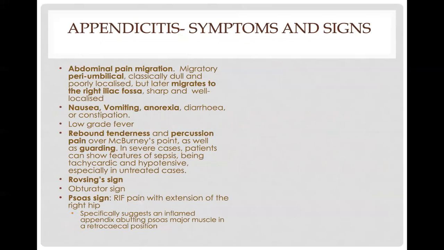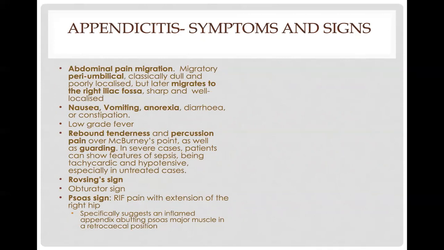So, symptoms. Appendicitis typically presents with migratory abdominal pain. Peri-umbilical pain, which is usually dull, later migrates to the right iliac fossa, which is your classic cardinal symptom.